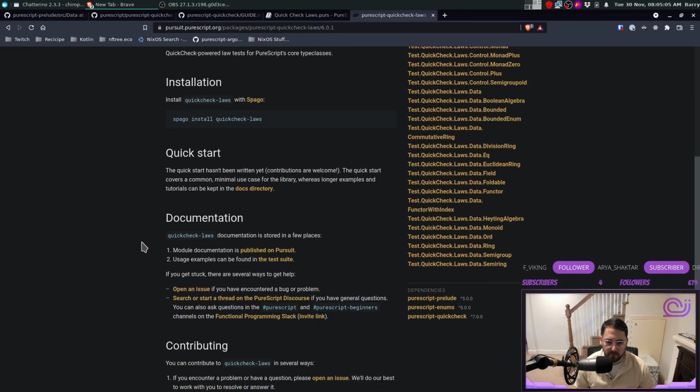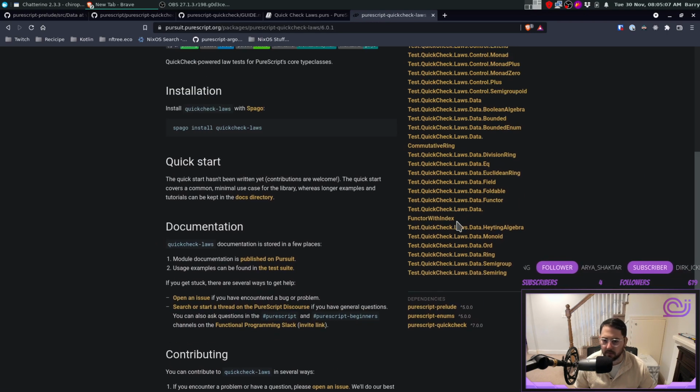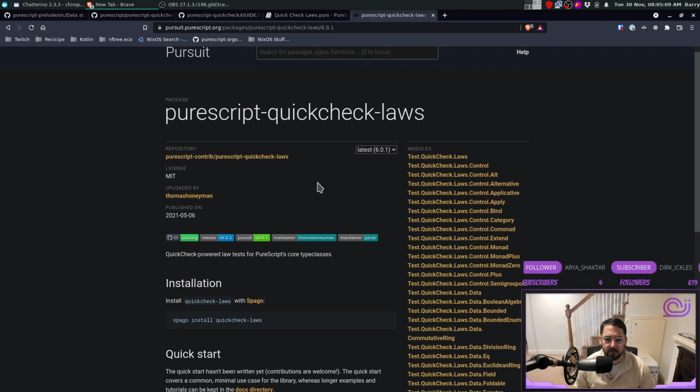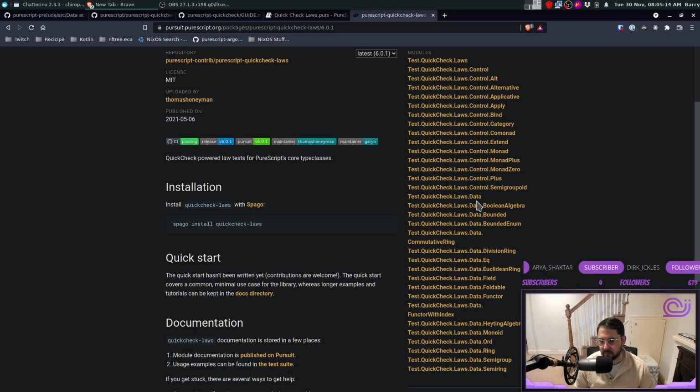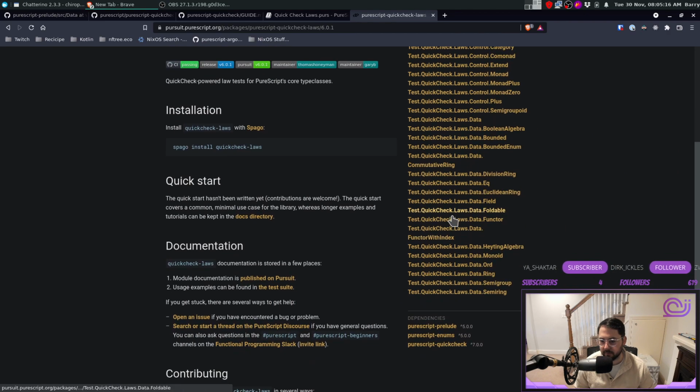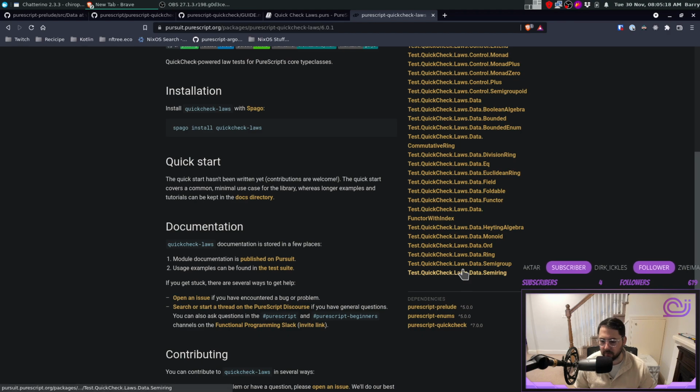So there seems to exist a PureScript QuickCheck laws library which you could use to test a whole bunch of stuff. So very cool.